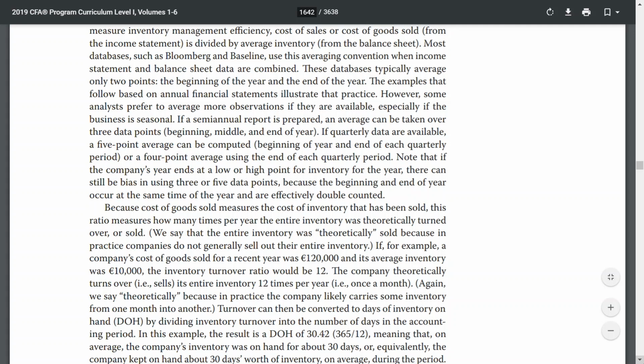The examples that follow, based on annual financial statements, illustrate that practice. However, some analysts prefer to average more observations if they are available, especially if the business is seasonal. If a semi-annual report is prepared, an average can be taken over 3 data points: beginning, middle, and end of the year. If quarterly data are used, 5 points can be computed: beginning of the year and end of each quarterly period.